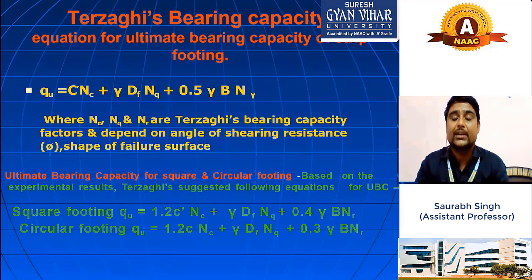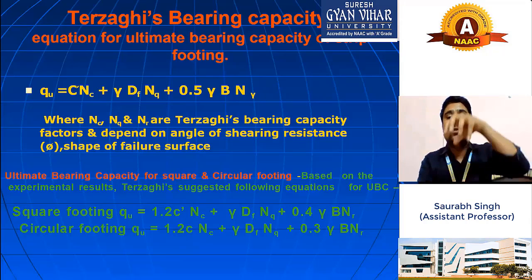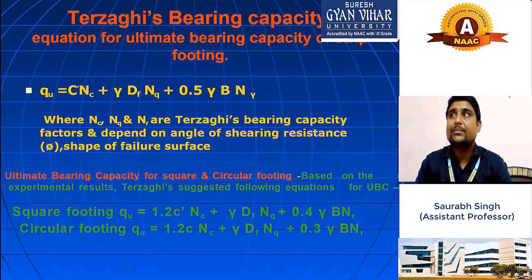Permissible means the maximum point up to which you are permitted to put load on the structure. And ultimate means now you cannot apply a single additional load on your structure. That is called the ultimate bearing capacity of your soil.